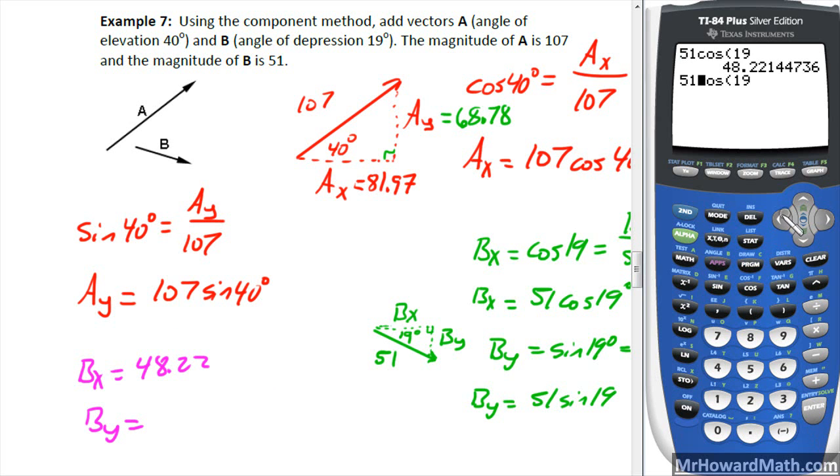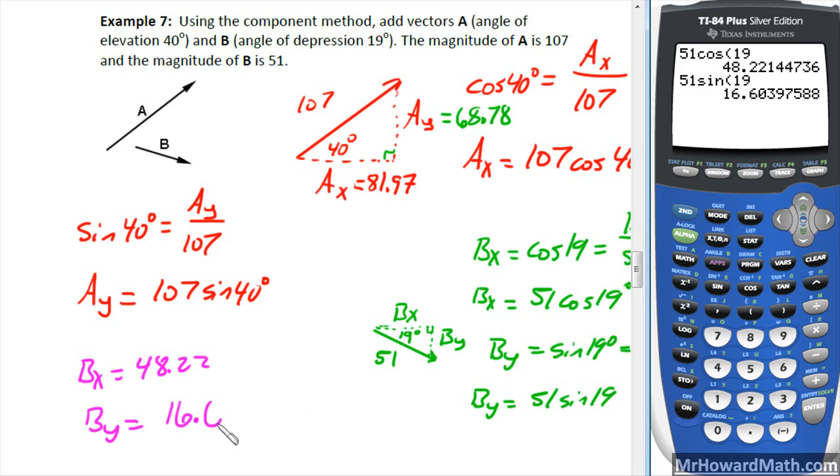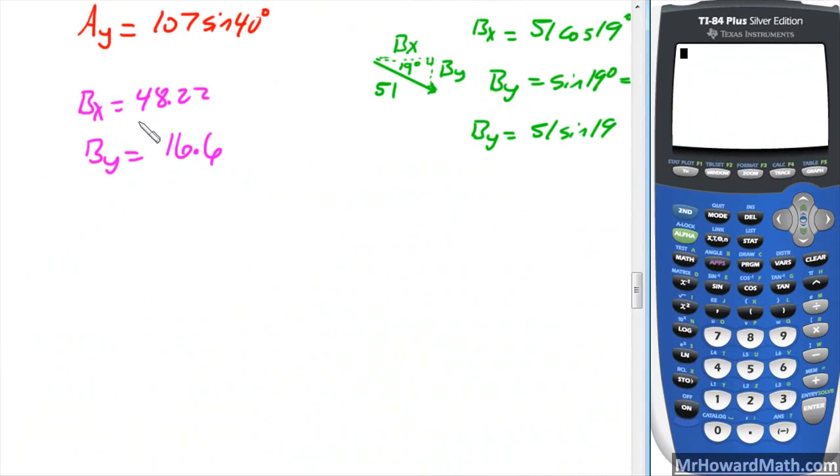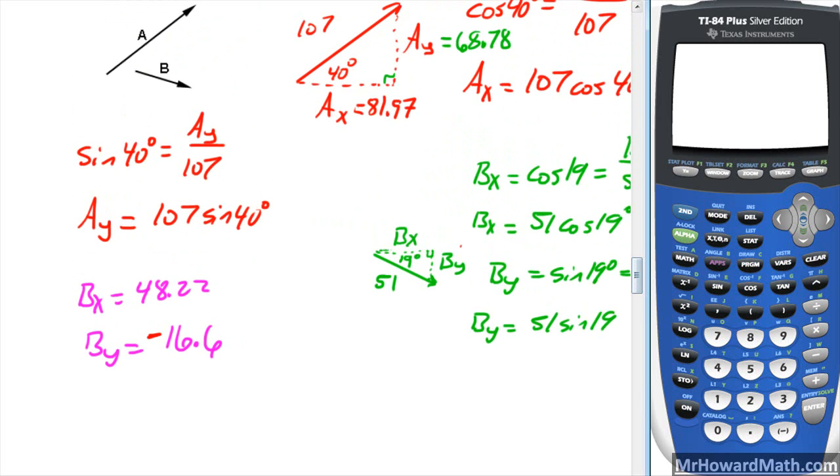So 51 sine of 19 degrees. And that gives us 16.6. And it's important to know we've got our b sub x and b sub y here. If you notice in our drawing here, our b sub y, the vertical, it's going down, so we need to make this negative.